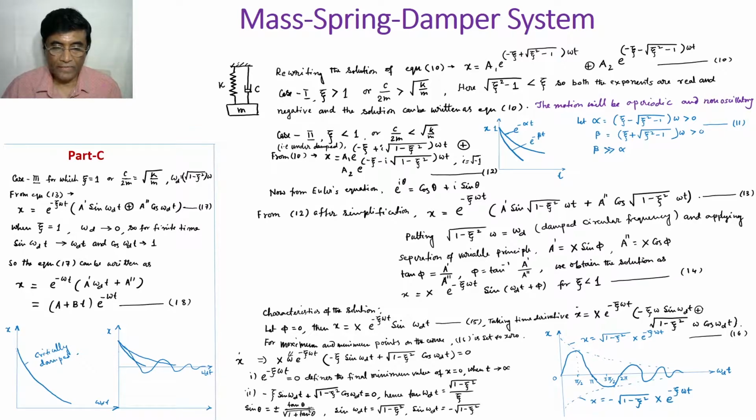Now, if e to the power minus zeta omega t equals 0, so the exponential will be 0. When can it happen? When t is infinitely large. It can happen so.